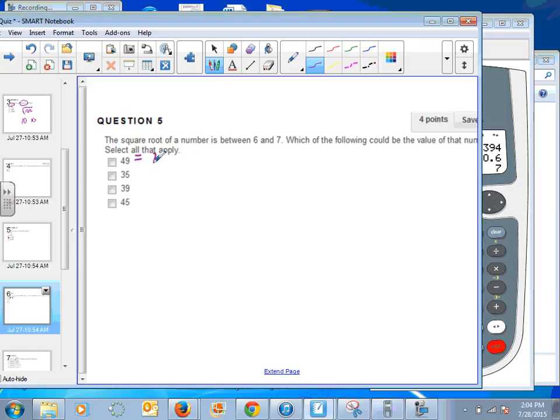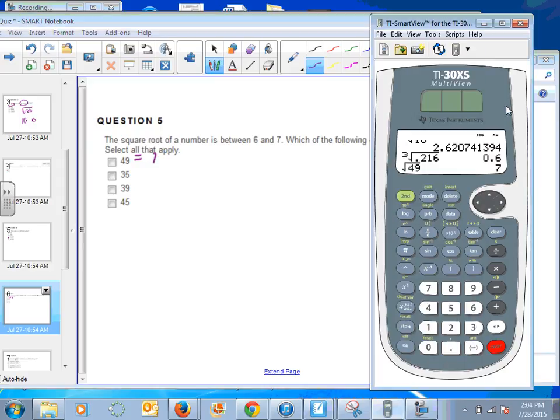That 7 is not between 6 and 7, so that's not the one we want. Next one, square root of 35.